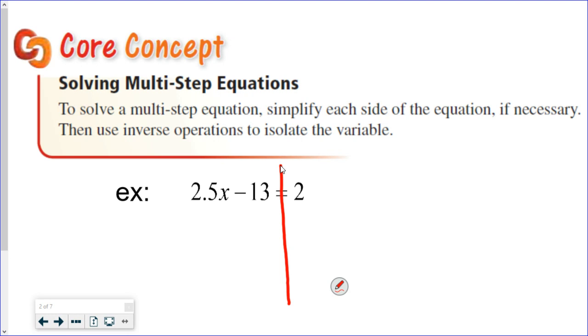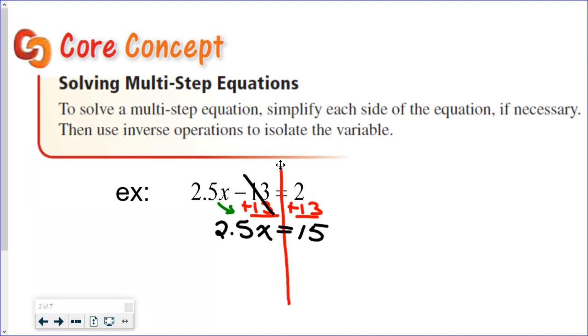So what's the opposite of minus 13? Plus 13. And we have 2.5 times x equals 15. Now it looks like what we've been doing, but do I need to write all of that down there? Yes, I need to bring down that 2.5 and the equal sign and everything.